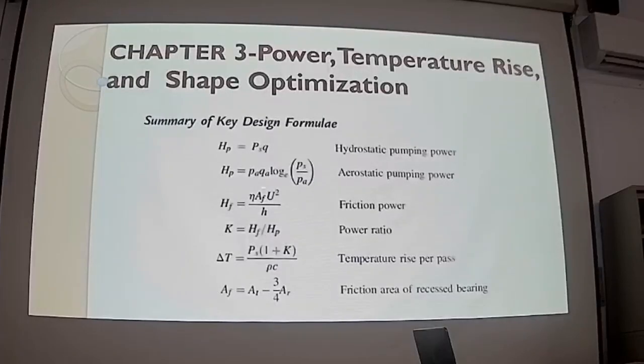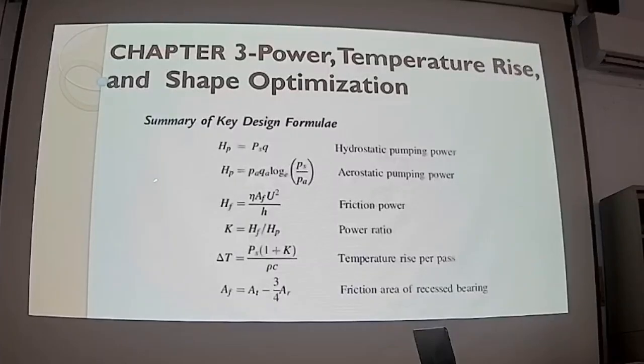This one is the formula to get the pumping power for the air bearing. And we also want to estimate the friction power generated between the small gap film thickness from your hydrostatic bearing.